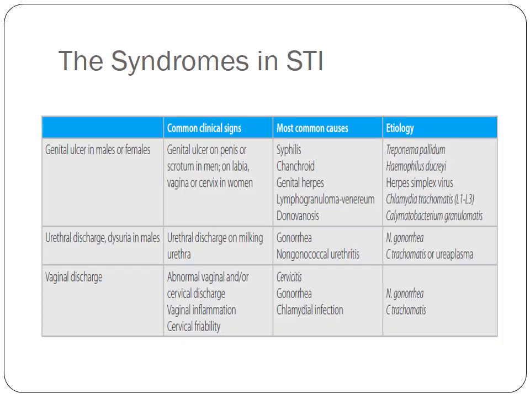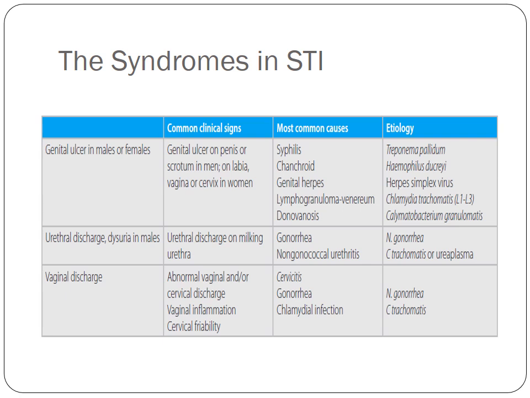These are the various syndromes in sexually transmitted infections. Symptoms can be a genital ulcer in male or female. The clinical sign we can observe is a genital ulcer on the penis or scrotum in men, or on the labia, vagina, or cervix in women.